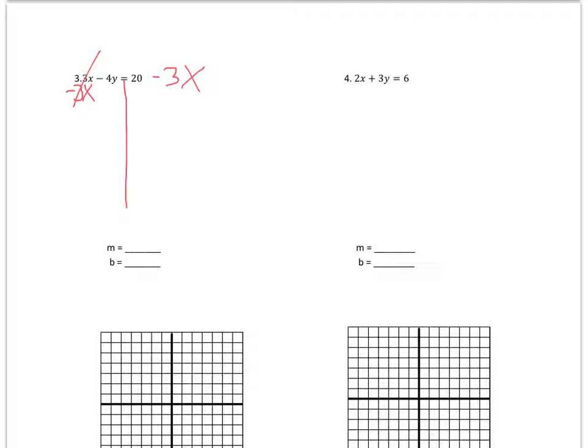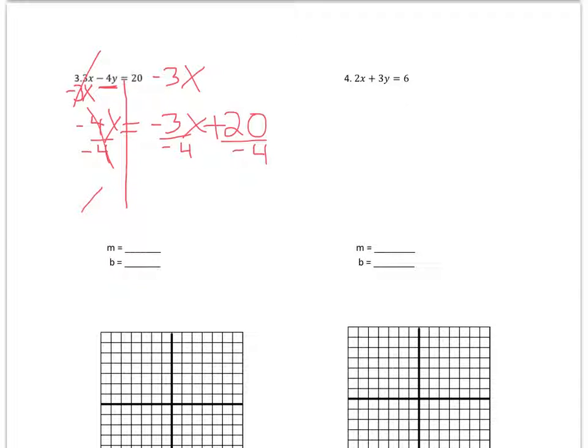Don't forget the negative before the 4y, so I still have negative 4y equals, and remember we always want to switch these, right? It's mx plus b, so put the x first, so it's going to be negative 3x plus 20. Alright, then we only have one more step to get y by itself. Since it's negative 4 times y, I'm going to divide everything on both sides by negative 4.